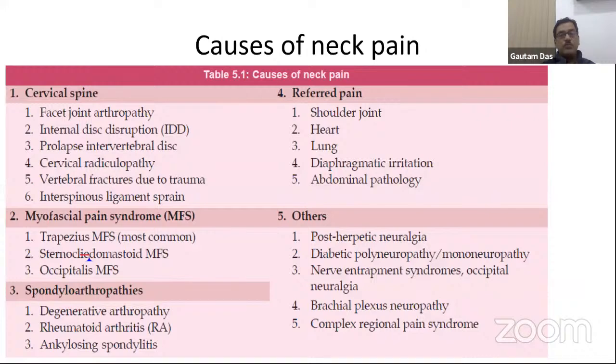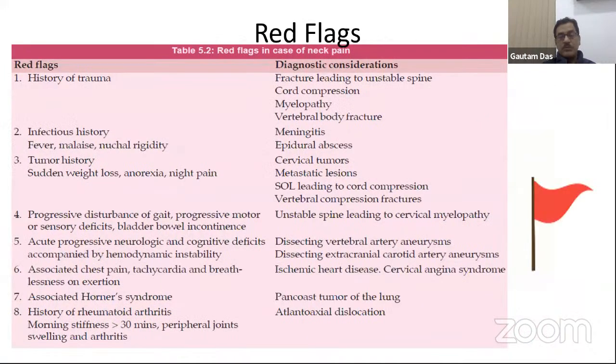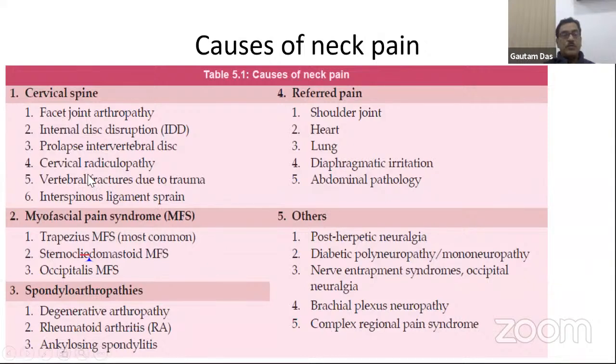So coming back to causes, I have already told a little bit, and causes would be coming from the cervical spine structures. We have discussed that fasciitis is very common. Internal disc disruption is not that common. Prolapsed intervertebral disc can also cause neck pain, particularly because of indentation of the dura.